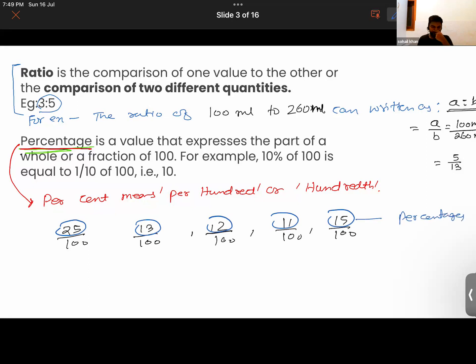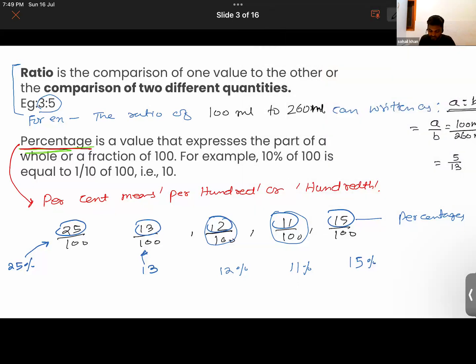For example, 25% will be written as 25 upon 100. 13% is written as 13 upon 100, 12% as 12 upon 100, 11% as 11 upon 100, and same for 15%.